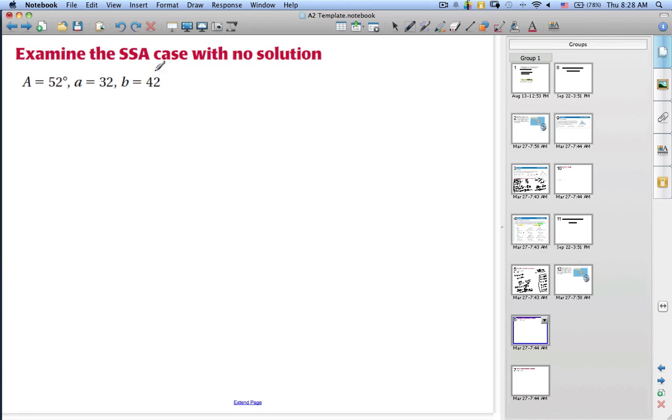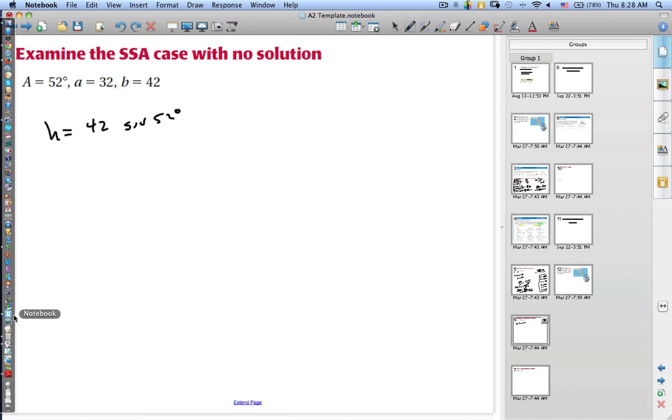Okay, so sometimes we have no solution. You notice here that I see that side a is shorter than b, so now I have to check it versus the height. So I know that my height will be equal to the side b times the sine of 52. So let's figure that out.